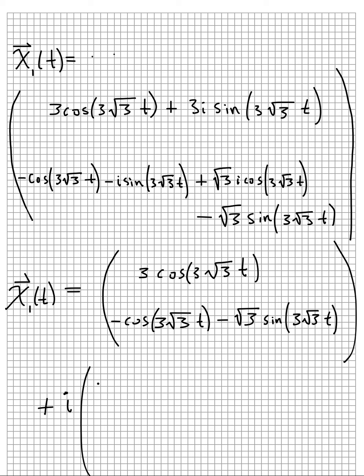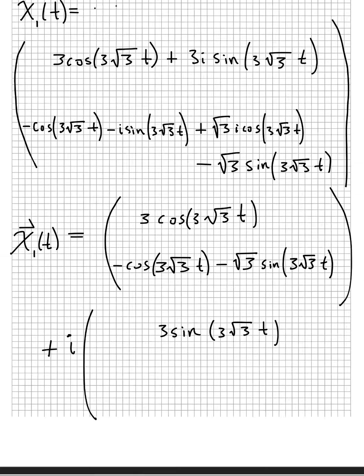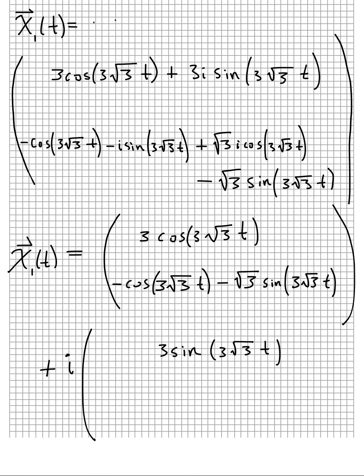And so this gives us 3 times sine of 3 times root 3 times t. And then, let me go ahead and just unzoom here, make that nice and even. There we go. Sorry about that. Second term, sorry, let me go ahead and write that out.